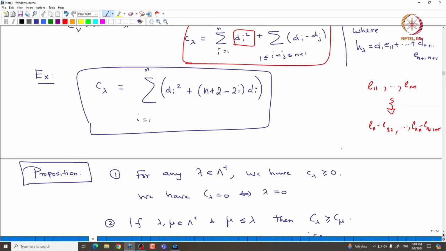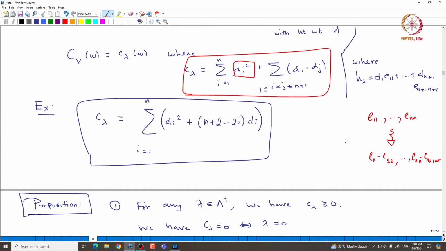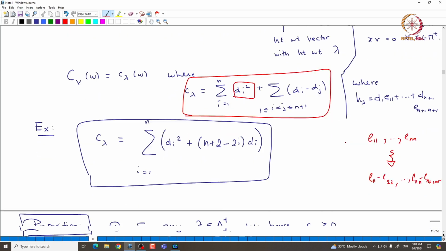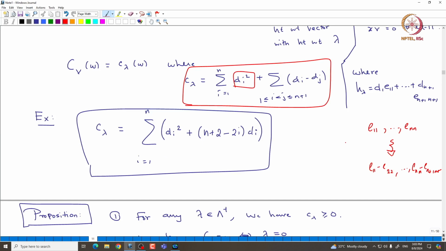So, that translation is what we are talking about. So, let us make everything precise.